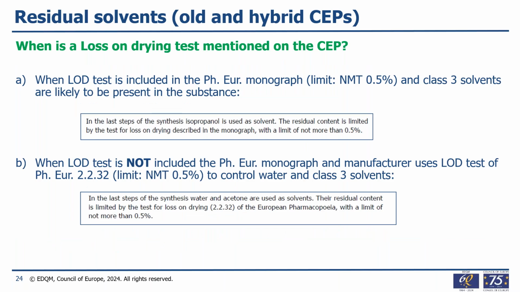The test for loss on drying. In some cases, you will see on the CEP that some solvents are controlled by the test for loss on drying, and this applies to class 3 solvents.